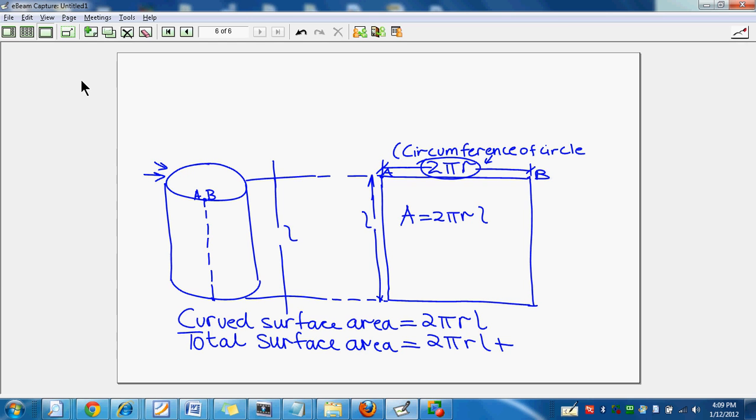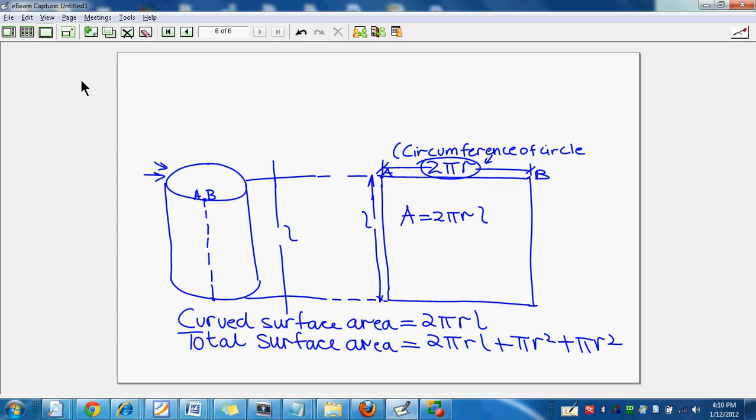if it was closed at one end, we'd have to include one circle, which would be pi r squared, right? Because the area of a circle is pi r squared. But if it was closed at both ends, let's say a waste paper basket that had a cover, then the total surface area would be the curved surface area plus the area of the bottom circle plus the area of the top cover. So we'd have to add in another pi r squared.